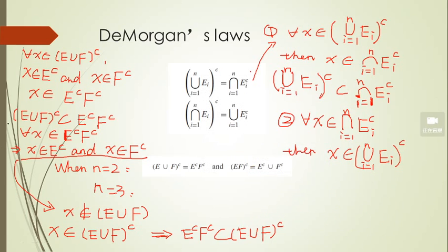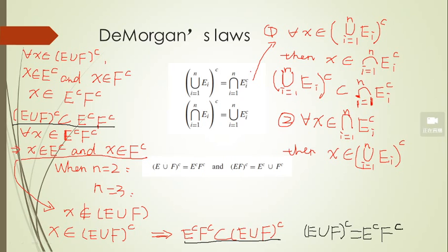Here we prove that the left event is a subset of the right one, and also that the right side event is a subset of the left side. What does this imply? This implies those two events are exactly the same. So it's easy to prove when we have n equals 2.